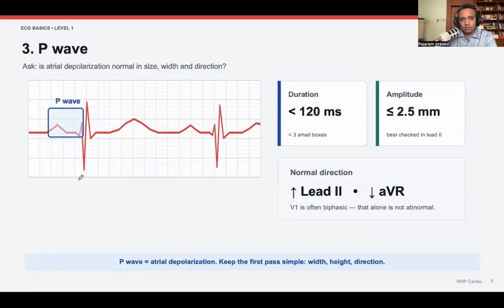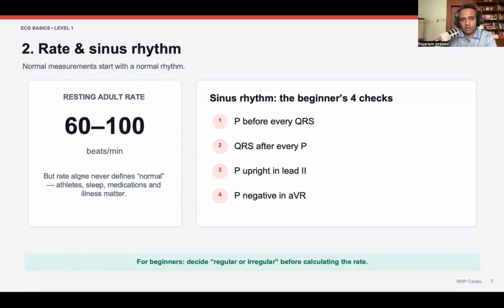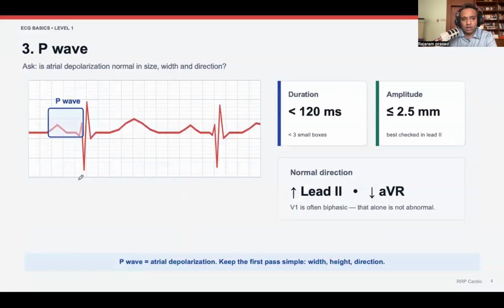So next you are going to measure the P wave. You have seen the calibration, then you've seen rate and sinus, then you see the P wave, which represents the atrial depolarization. The P wave should be less than 120 millisecond or less than three small boxes.